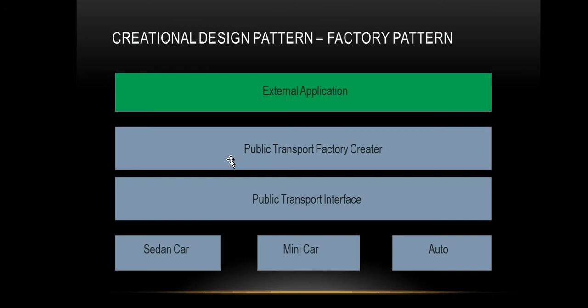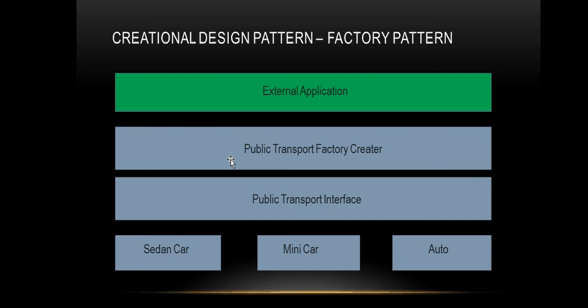It's going to ask for a specific object. That object can be of sedan car, mini car, or auto, and my factory creator is going to return that object to the external application.